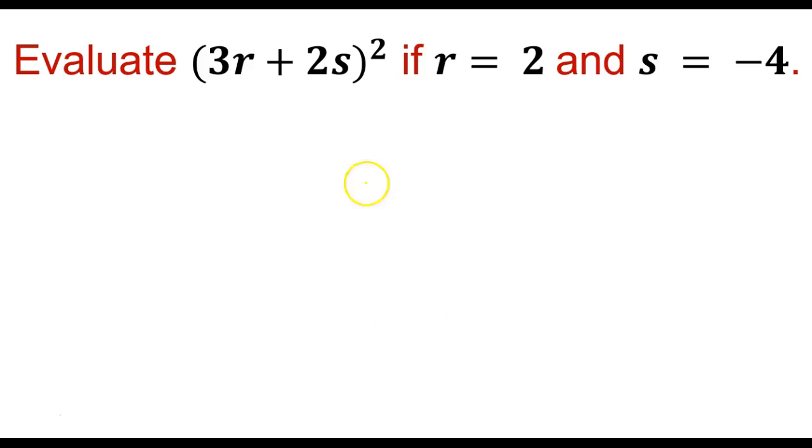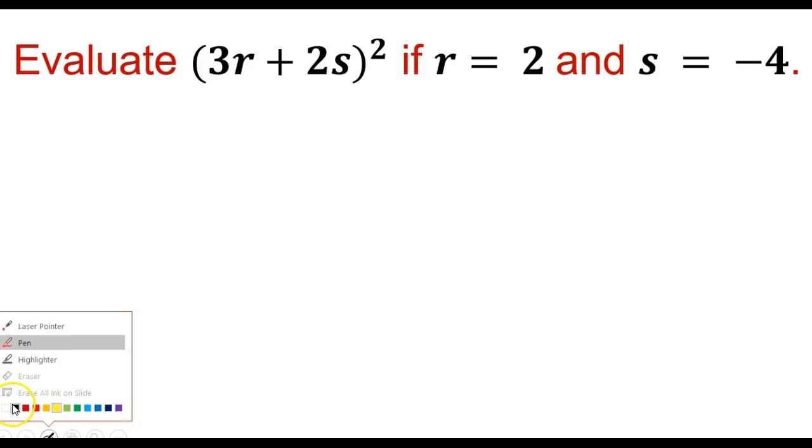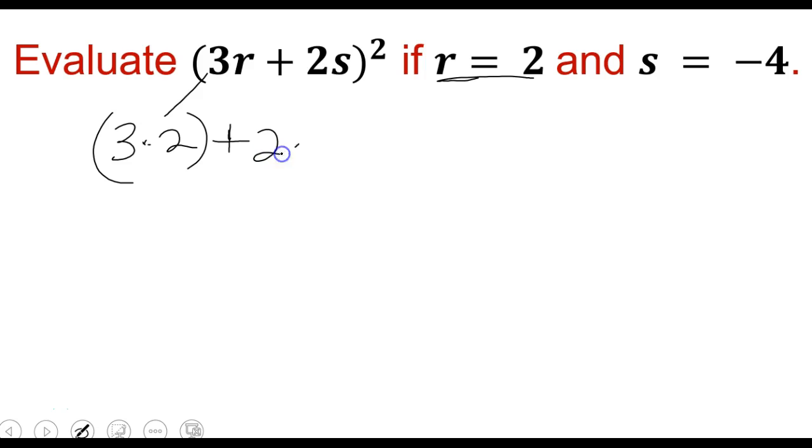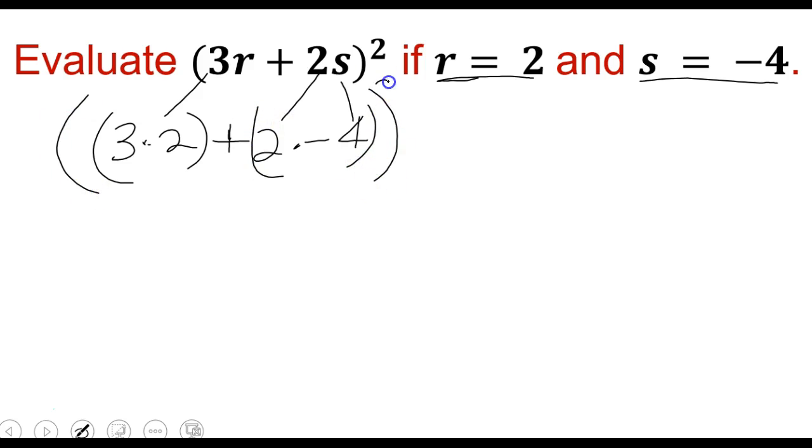Here, evaluate. So we're going to do the evaluation. Replace r with 2 and then replace s with -4. So here we have 3 times r. Instead of r, we replace r with 2 times 2 plus 2 times s. S is -4. Okay, watch the sign, and all of these will be squared.